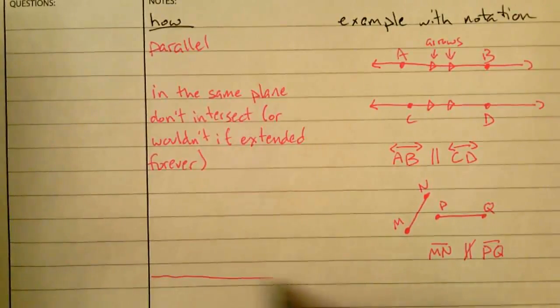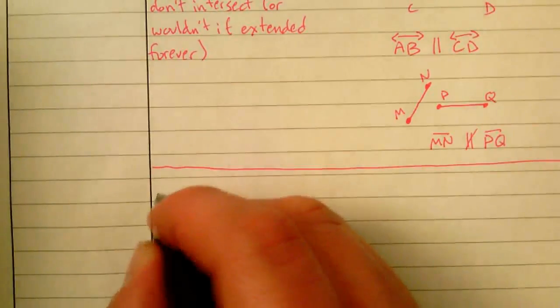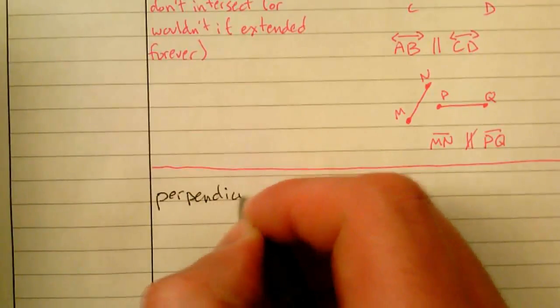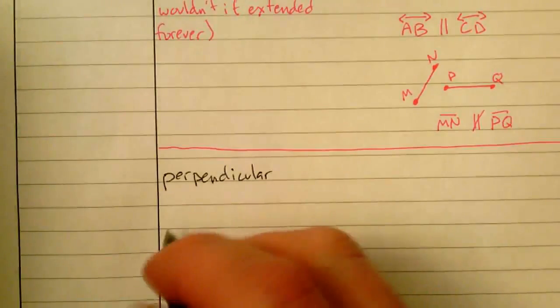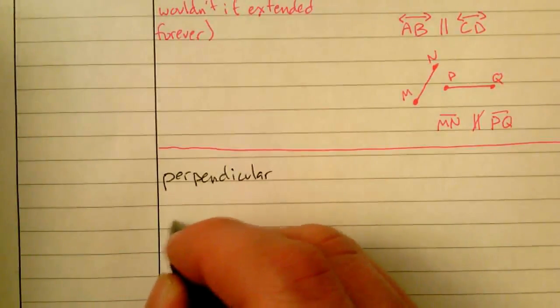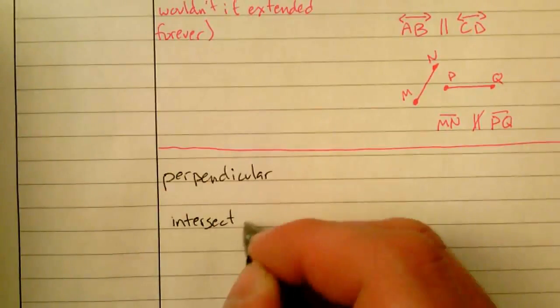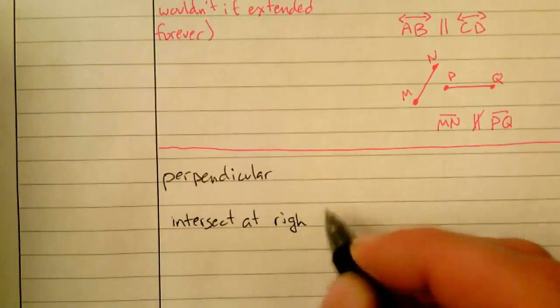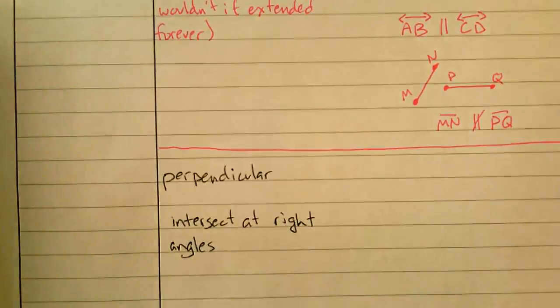Alright. Next, and here's another common one, perpendicular. Okay. So here, the lines intersect at right angles.